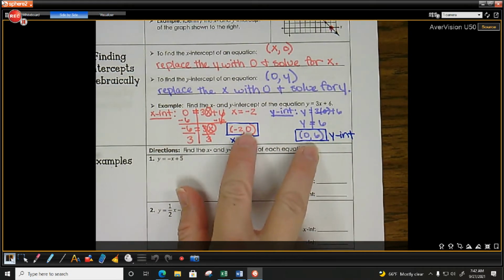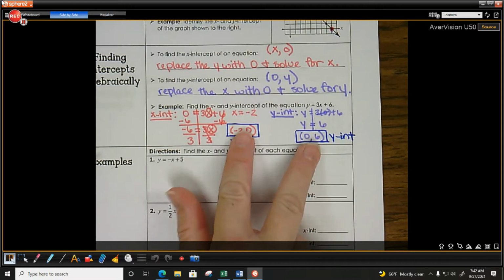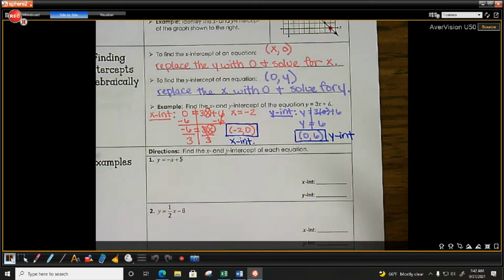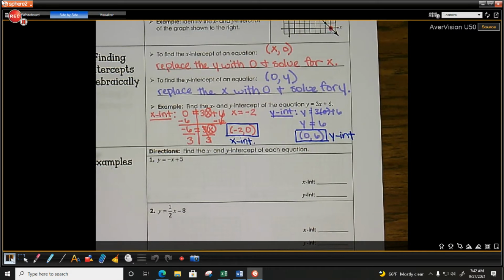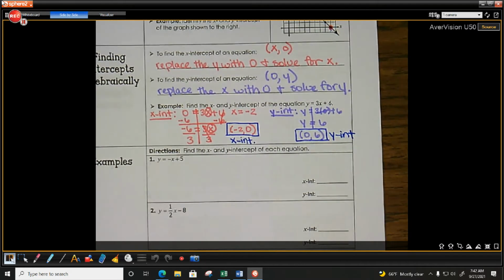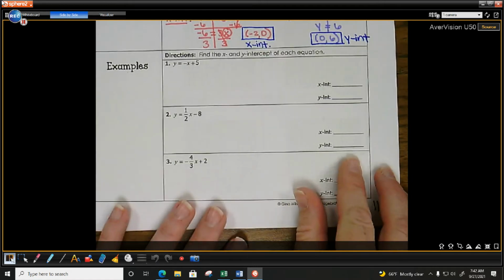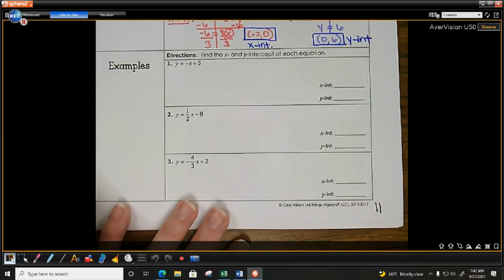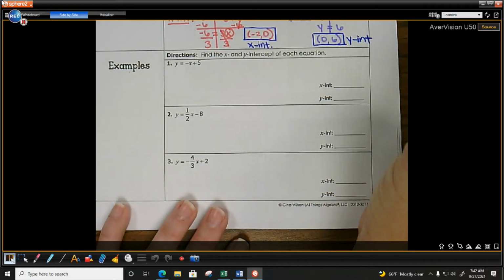So this is an easy way to graph a line. Find your x-intercept, find your y-intercept, plot them, then graph your line, and you are done. Okay? So first we're going to start by finding our intercepts. Then, on the back of this, we're going to find our intercepts and graph using those intercepts. Okay? So next one, to find my x-intercept, what do we do?